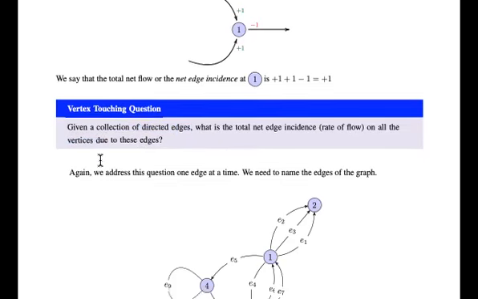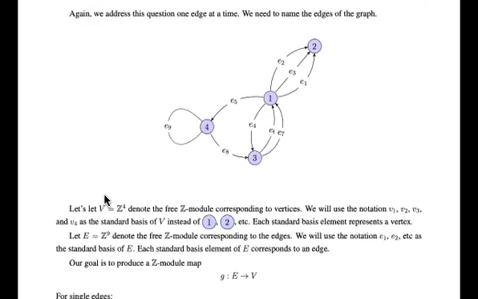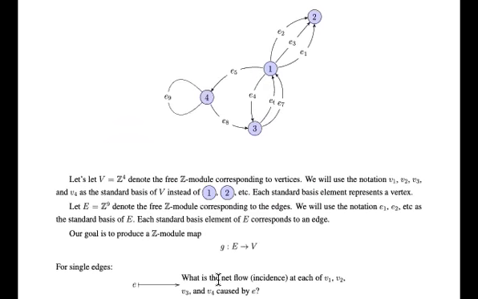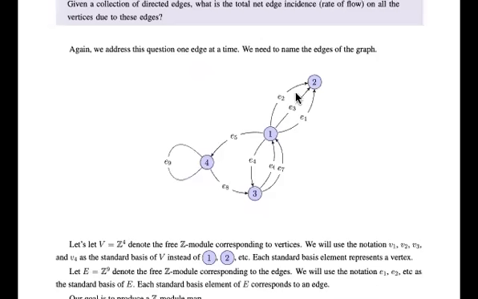There are 4 vertices, so something in Z4. So the codomain should be Z4 representing vertices, and the domain representing edges. Well, how many edges are there? There are 9 edges. So it looks like we're going from Z9 to Z4. Z4 is codomain, Z9 is domain.